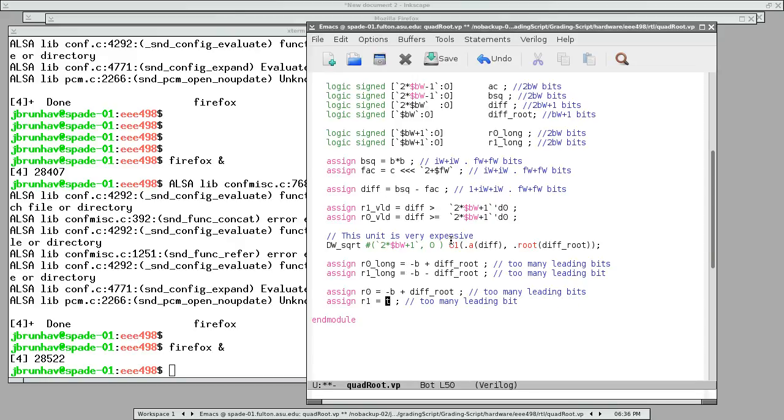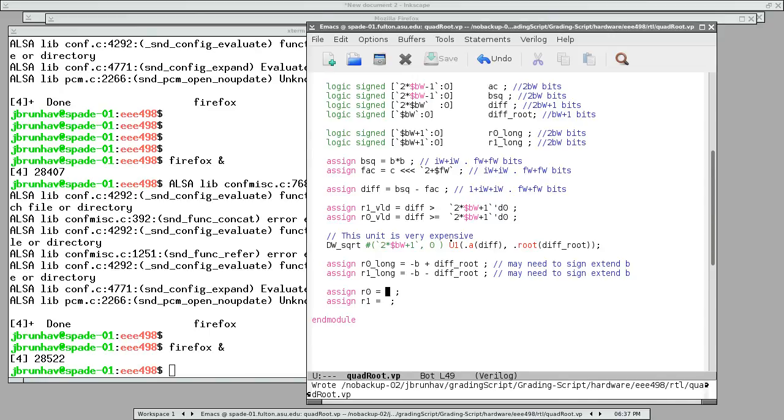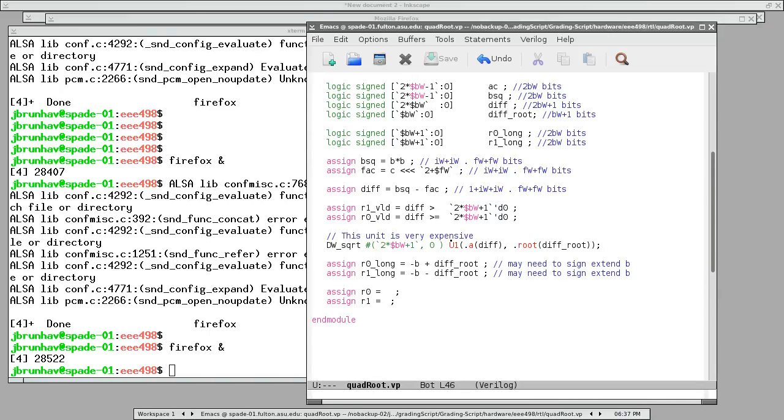I think I need to zero extend. We'll just add a note here: may need to sign extend B. Now, since we are doing signed arithmetic, it should be okay with what we're doing.